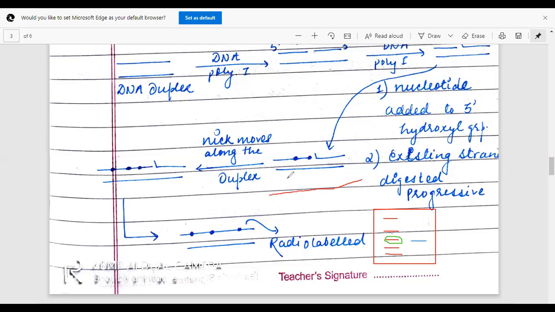It has been cut, fragmented, and allowed to hybridize with the probe, meaning this one. On electrophoresis we are getting a number of bands, and then that is hybridized with the probe, and we get the result on autoradiography, the X-ray film. So we are getting this band. It will make sure that this band is present.